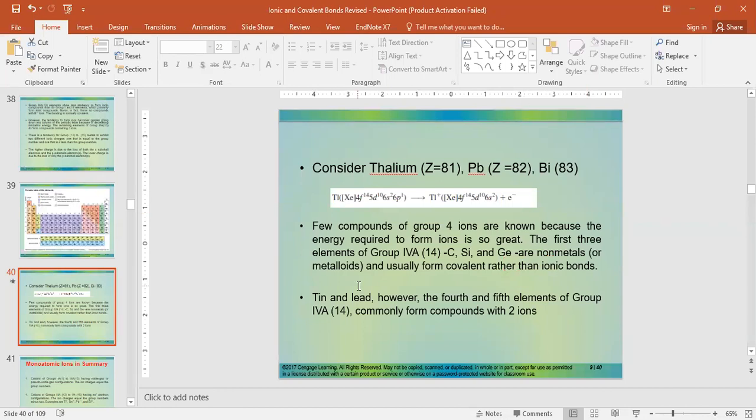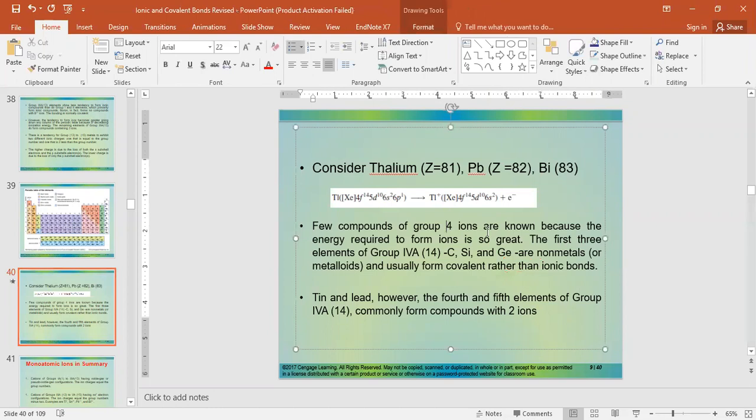Then the other thing is few compounds of group 4 ions are known. Now, this group 4 is the same as also writing group 14, and I'm going to show you that group. When we talk about ions, we are actually talking about the cationic character of these elements and the anionic character of the same elements.